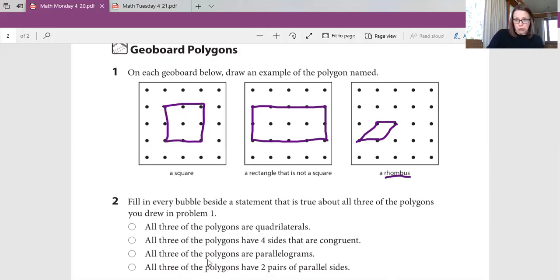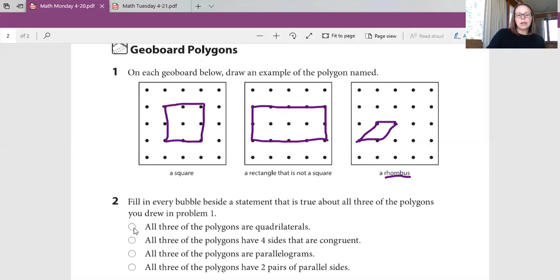And for number 2, we need to fill in every bubble beside a statement that is true about all 3 of the polygons that we drew up here for number 1. So if it is true about the square, the rectangle, and the rhombus, we're going to color in the bubble.